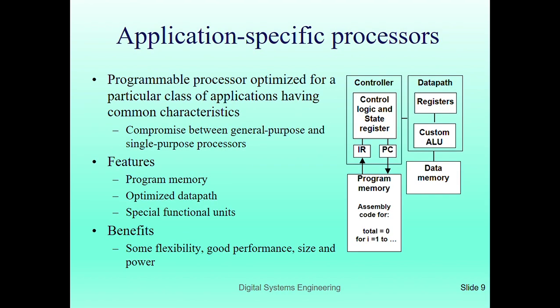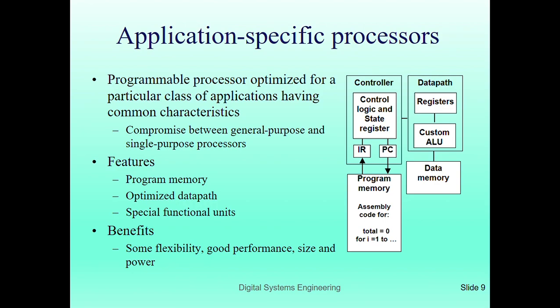Now the application specific microprocessors. Application specific microprocessors are programmable processors optimized for a particular class of applications having common characteristics. The good features of these application specific microprocessors are that they have program memory, an optimized data path, and special functional units.